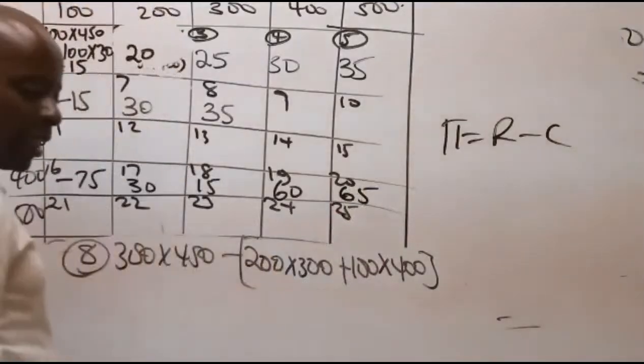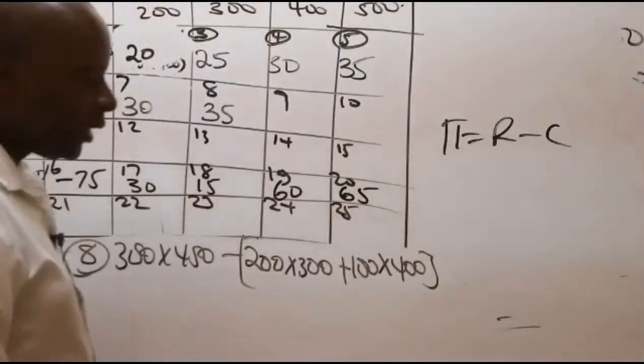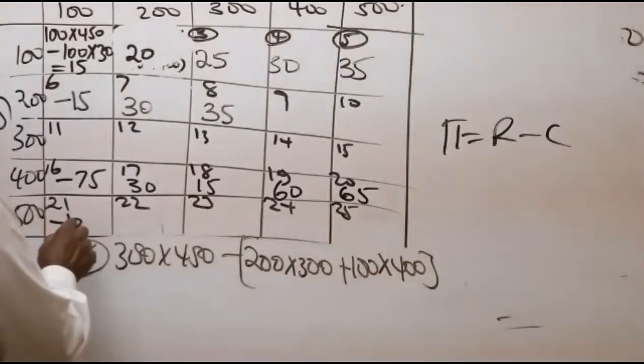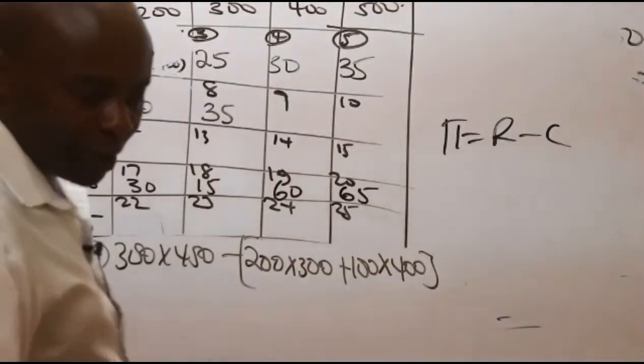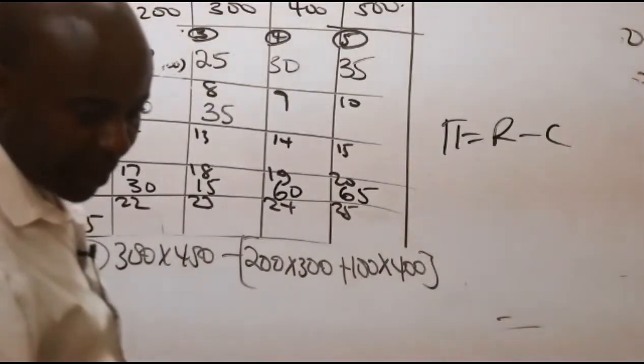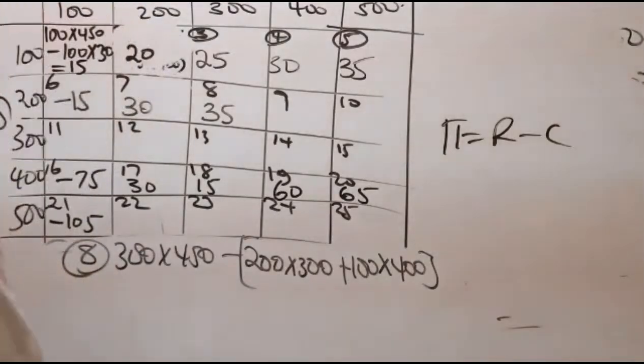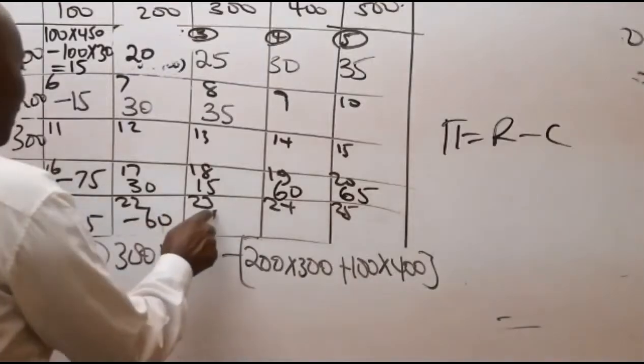Cell number 21, negative 105. Cell number 22, negative 60, negative 15.